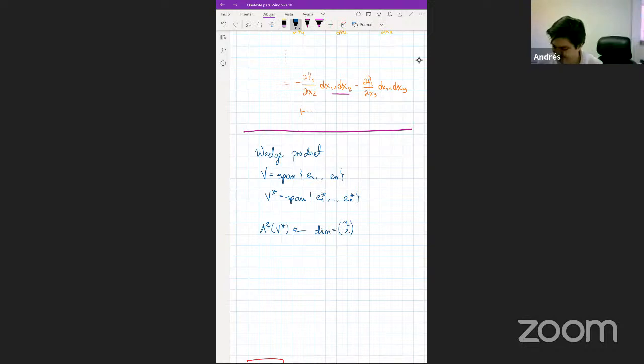Because this is precisely generated like this, and then you go with E2.